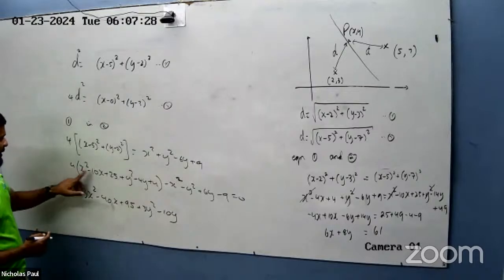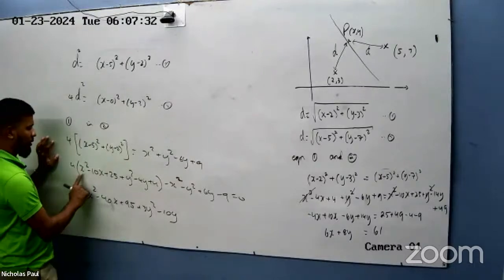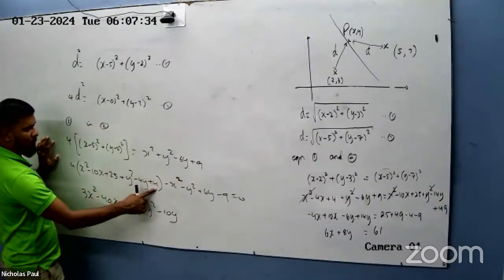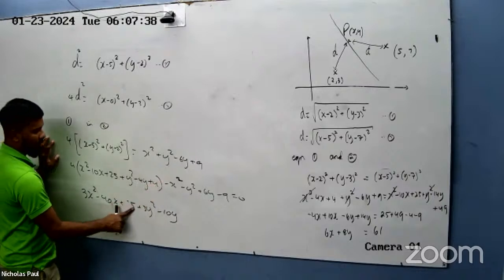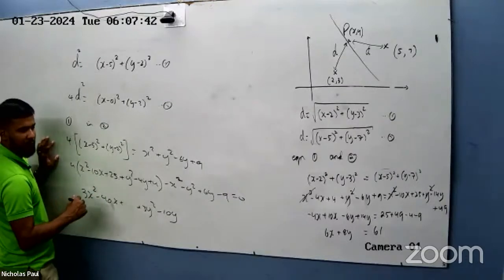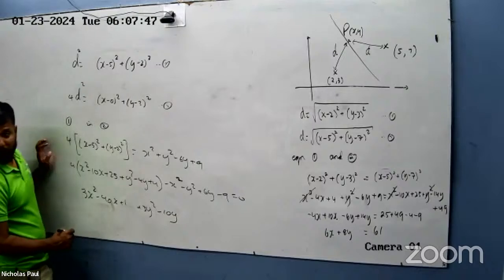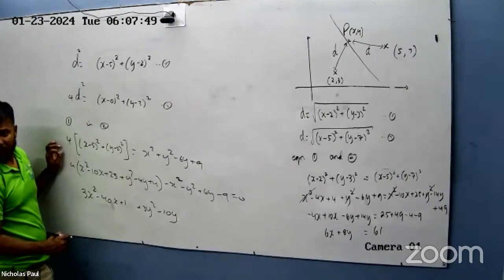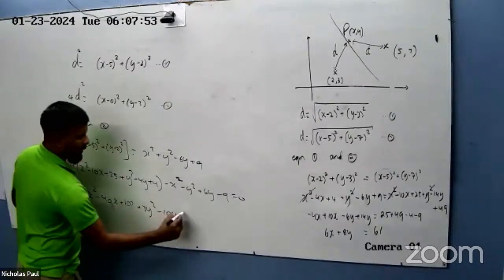Let me make sure I don't make a mistake here. 4 as 100 plus 16. Yeah. So it's 116 minus 9. Right? That's okay? So that's 107 equal to 0.